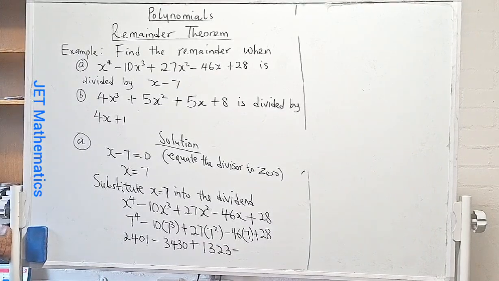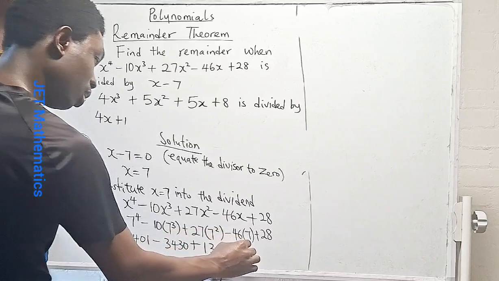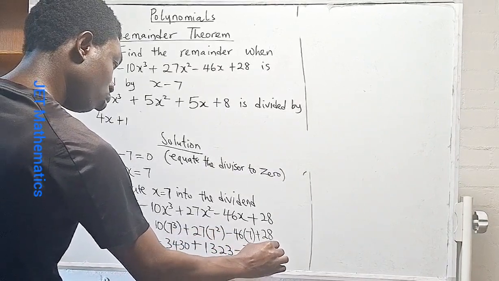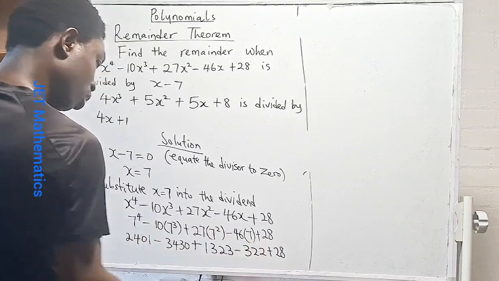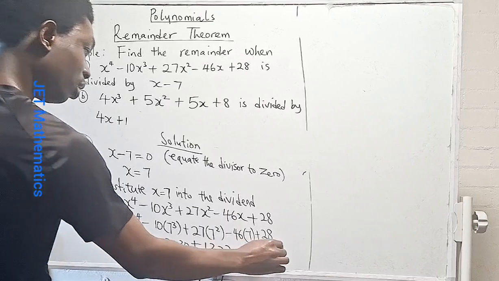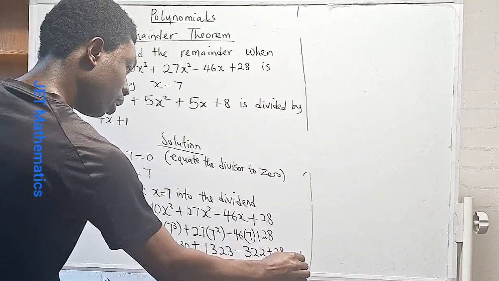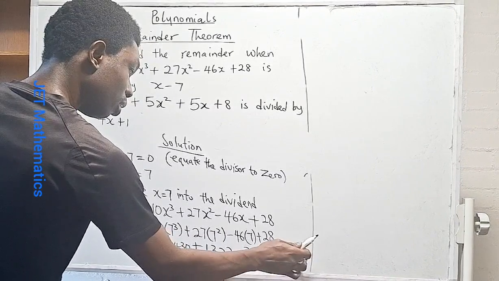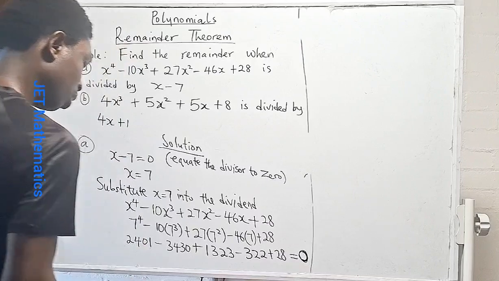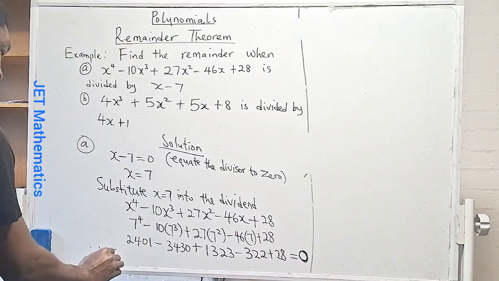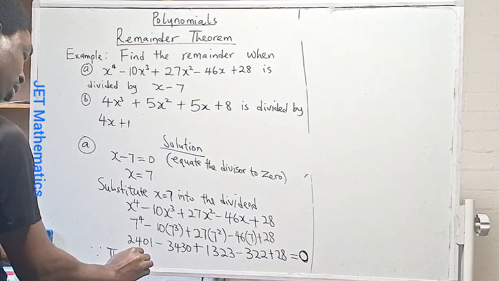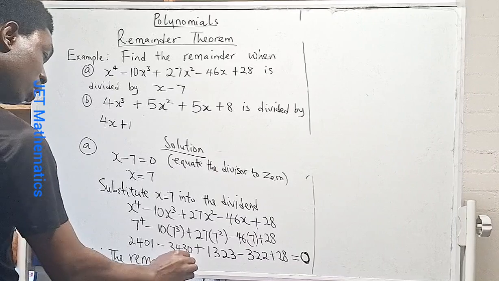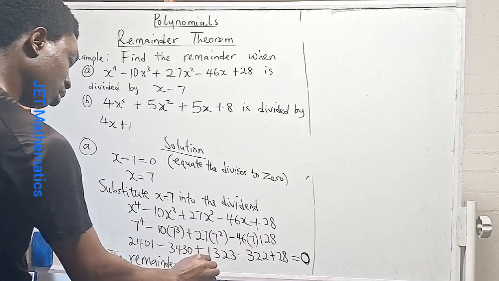Then 46 times 7 is 322, and then plus 28. When you sum up all of these, you discover that the remainder is 0.